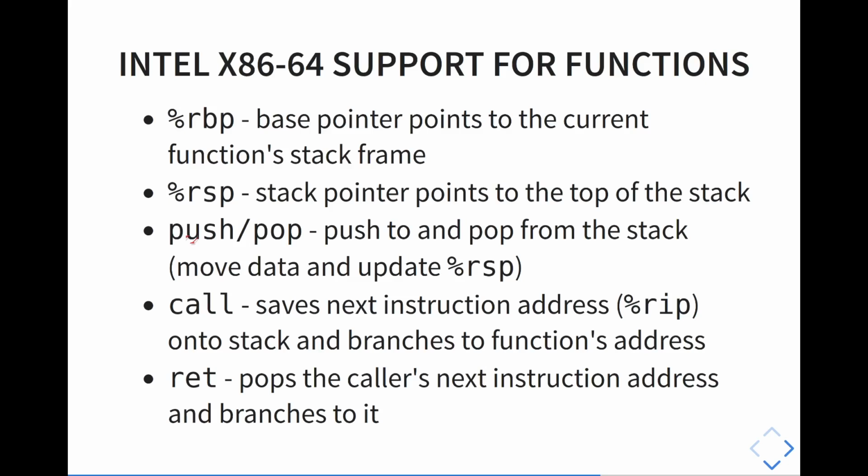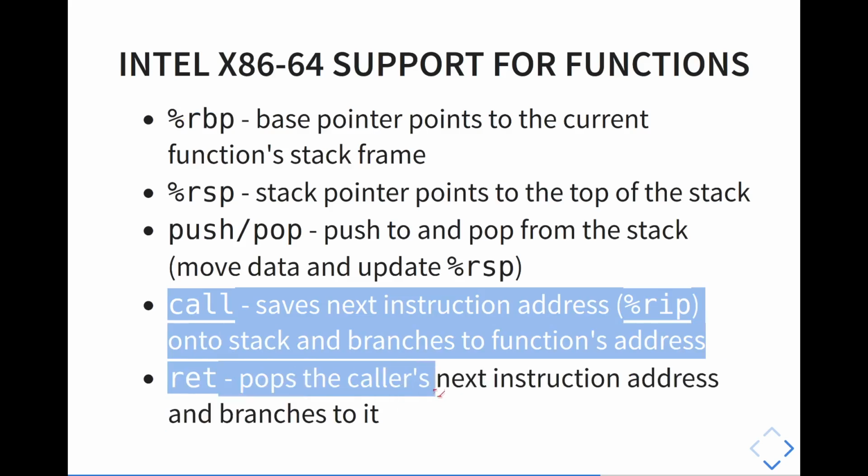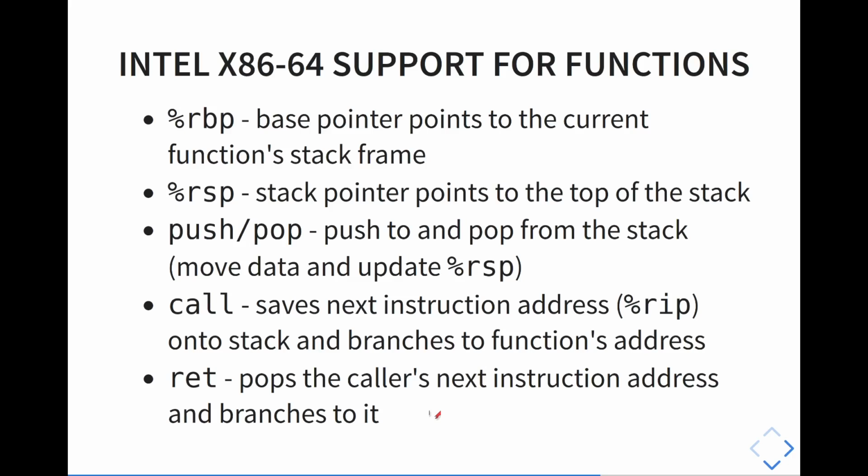There are instructions for pushing and popping data from the stack. This is what we'll use to store the old base pointer: we'll push RBP and then overwrite RBP. And then there are also instructions to help you transfer flow of control, so you don't have to actually do a branch and capture the return address. There are two helper instructions here. Call does two things.